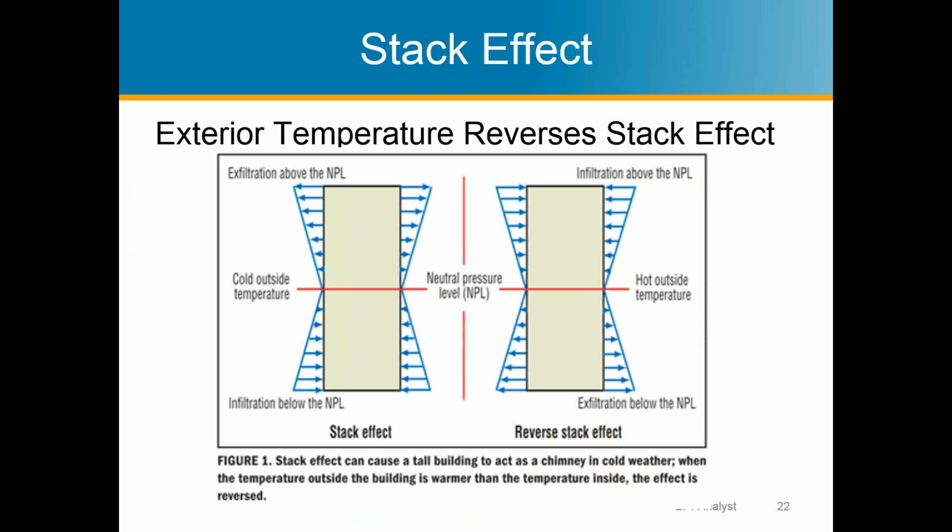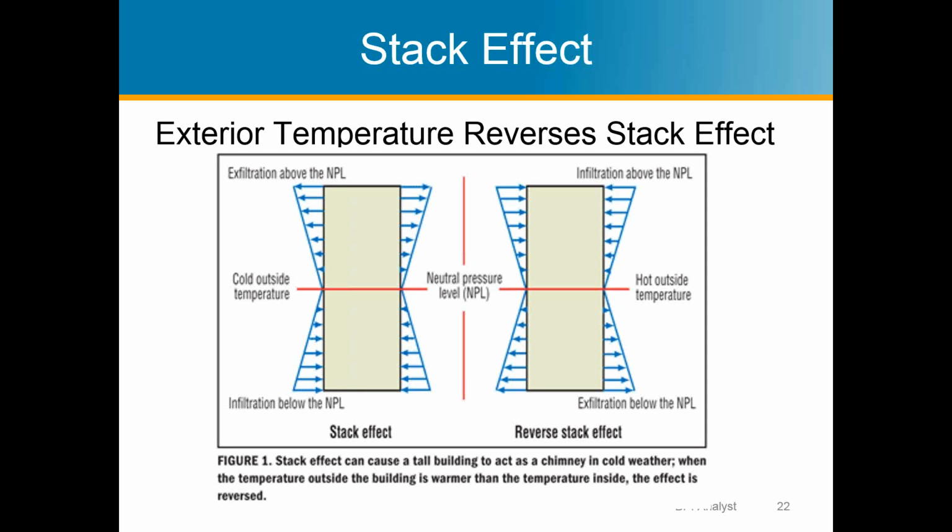And this just shows the same thing in a schematic instead of a live picture. What this is saying is it's cold outside. Whether it's colder or hotter outside than inside, it reverses the direction of the flow. So the air can leak in or out at the top or bottom, depending on the pressure outside.